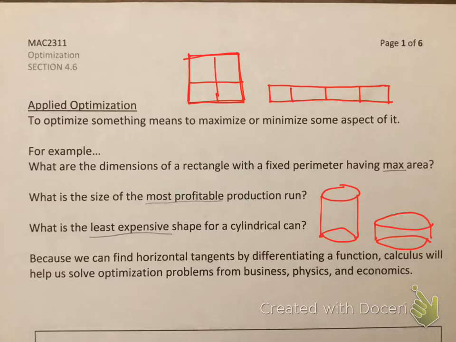Now, optimization, because we know how to find a horizontal tangent for a particular function by differentiating it and setting the numerator equal to 0, calculus is going to let us figure out answers to these types of questions. And again, these occur in things like physics, business, economics.